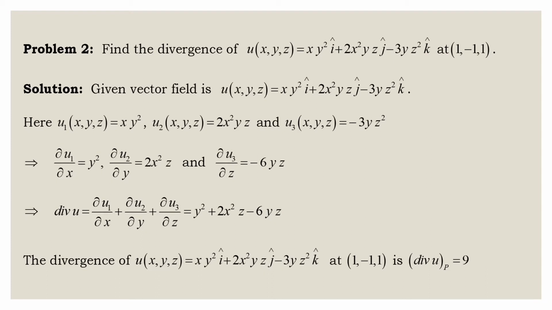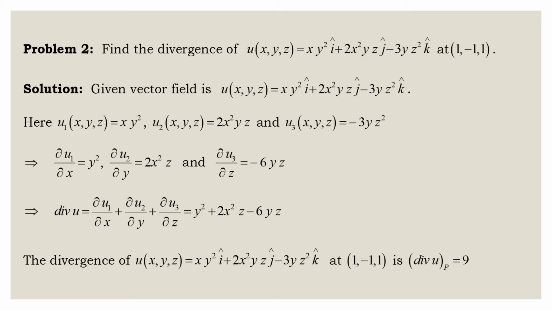Div u equals the sum of all these three pieces. That means div u equals ∂u1/∂x plus ∂u2/∂y plus ∂u3/∂z, which equals y² plus 2x²z minus 6yz.